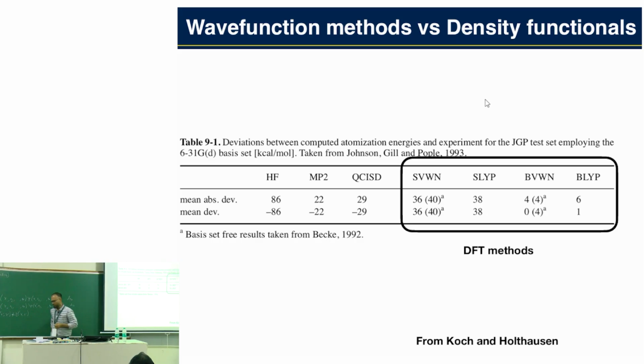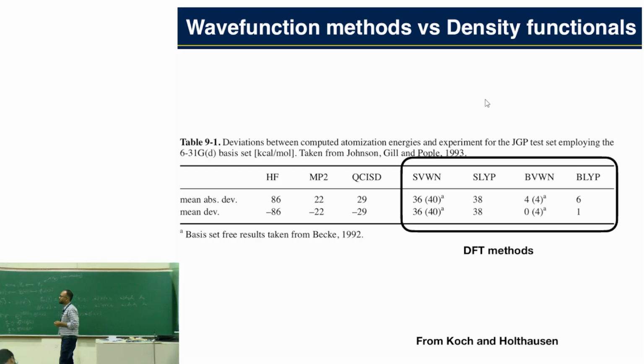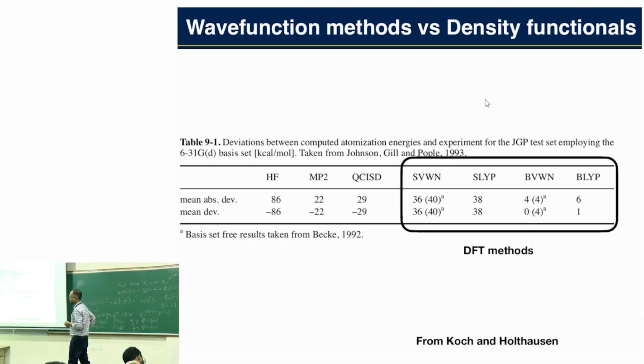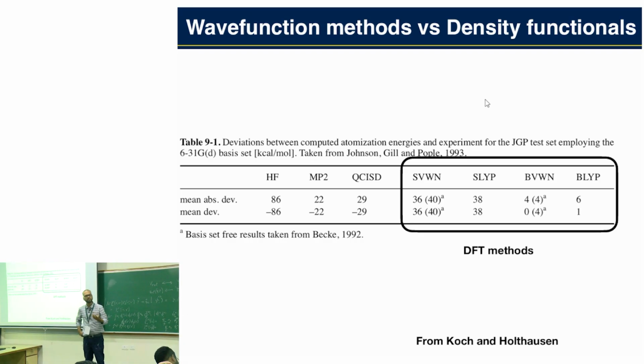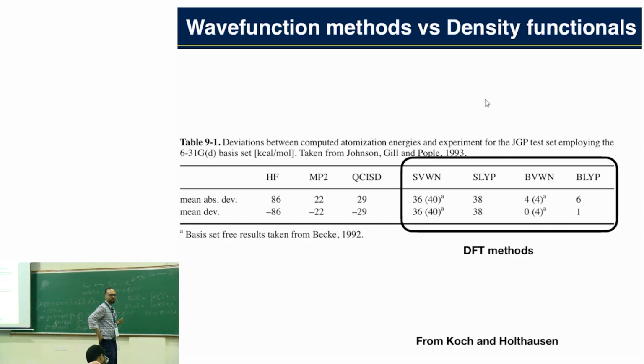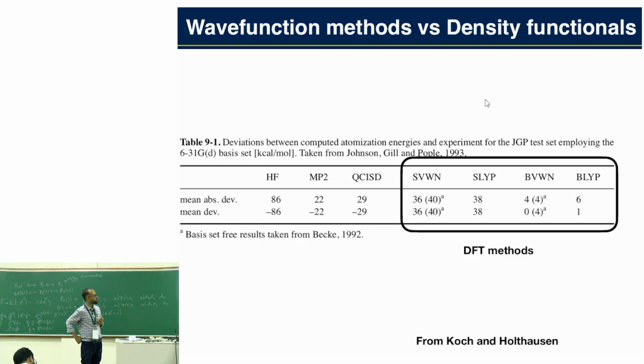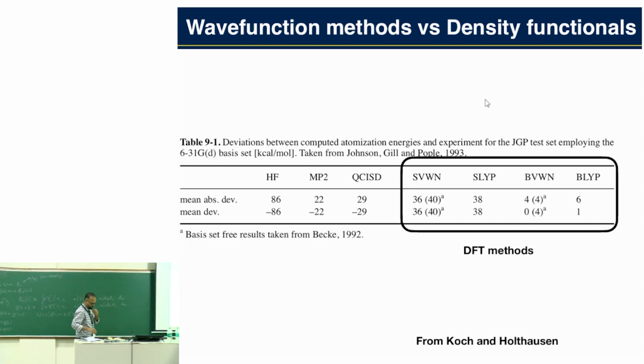And the other thing that has been really great about density functional theory is that its computational cost is much lesser compared to, say, wave function methods like MP2. Yet it gives you energies which are much more accurate than these wave function methods.